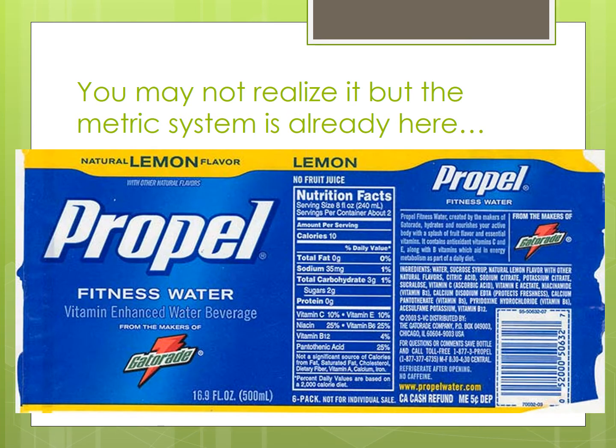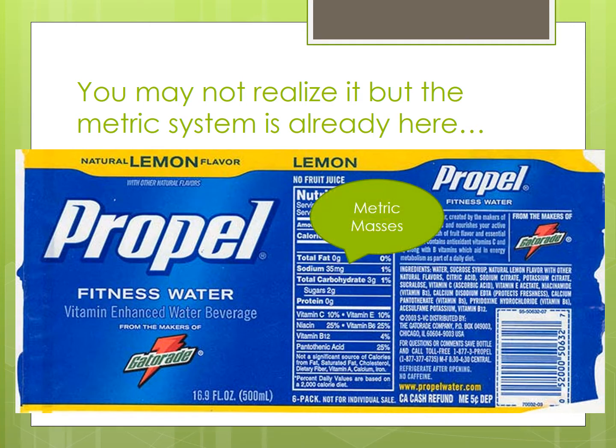We already use the metric system. You can look at labels. For example, here you can see that you're working with milligrams of sodium. It's a metric mass, and you have two volumes: fluid ounces and milliliters. So it's already converted for you: 16.9 fluid ounces is 500 milliliters.